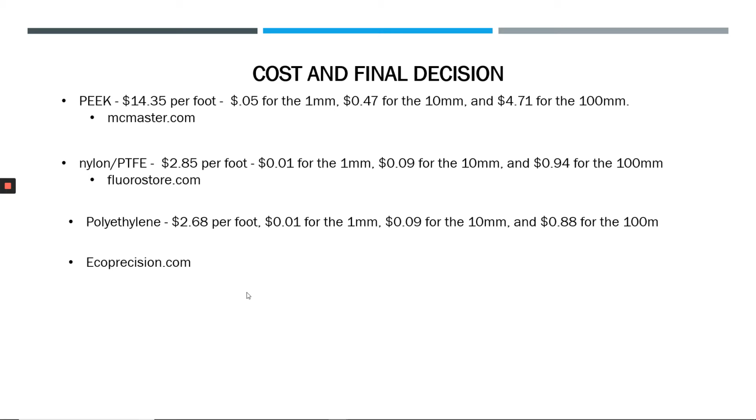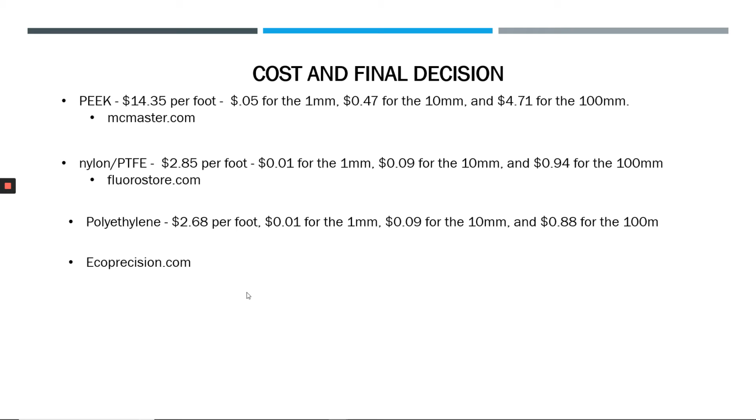For the nylon and PTFE, I could find a lot of this in tons of different sizes. I was able to find this one for $2.85 per foot, which is 1 cent for the 1 millimeter, 9 cents for the 10 millimeters, or 94 cents for the 100 millimeter length.